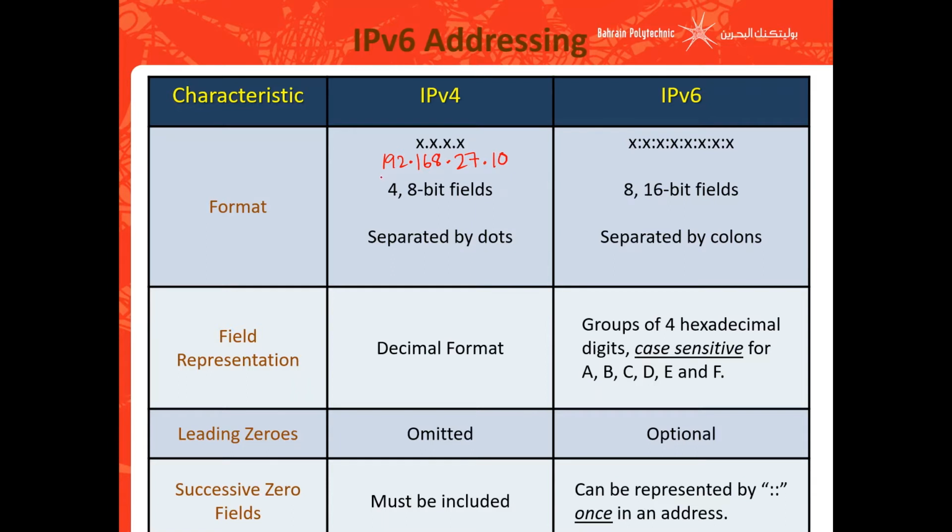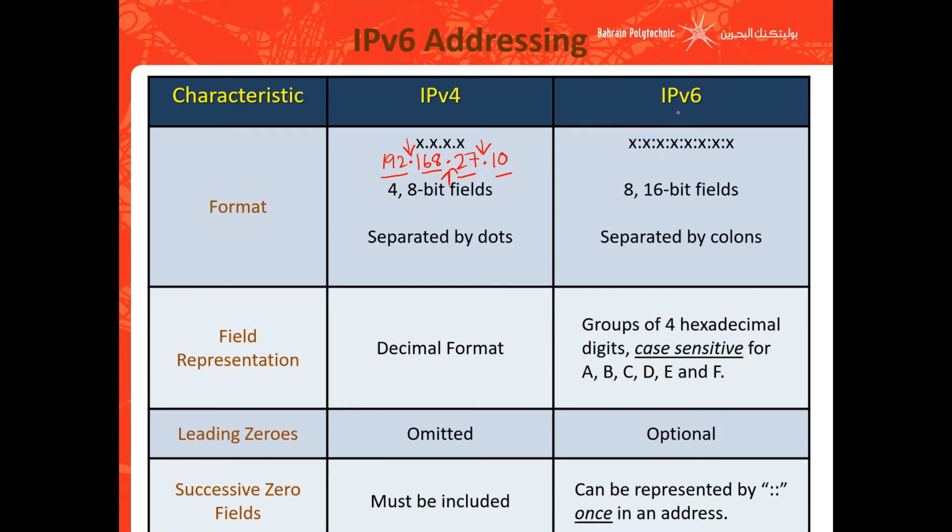Each of these was considered an octet. I mean, they're decimal converted numbers, but they usually represent octets. And then these octets are separated with periods, 3 periods or dots.